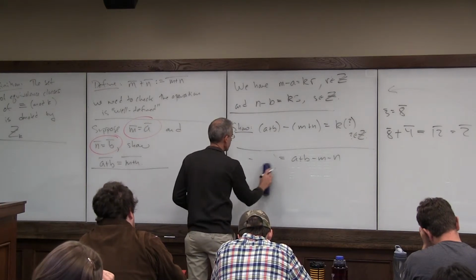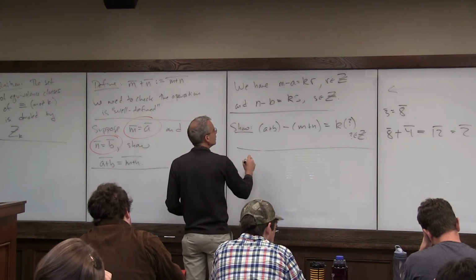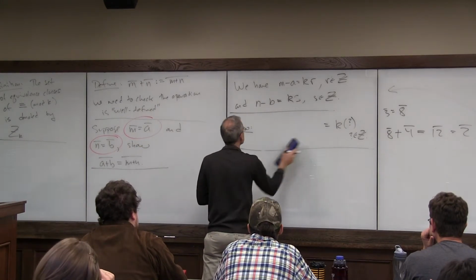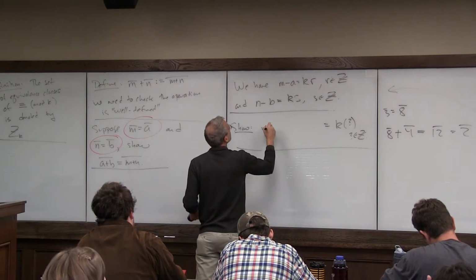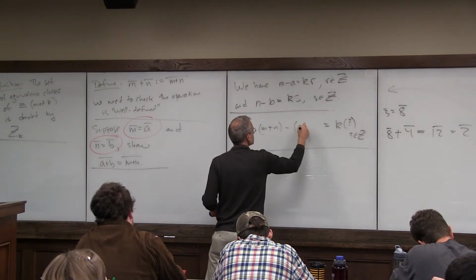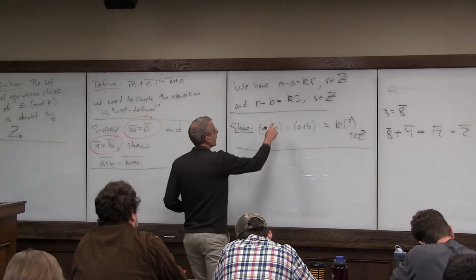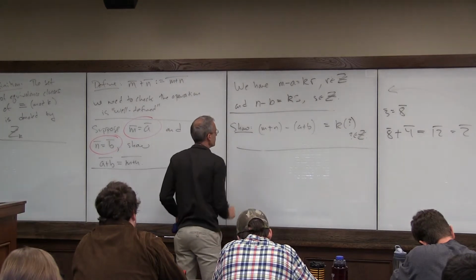It's just symmetric, right? And I want to get my minus signs to work out. m plus n minus a plus b. Sorry about that. It would work the other way, but then I get minus signs. Let's be simple. I'm doing that so I can match what I have up here.